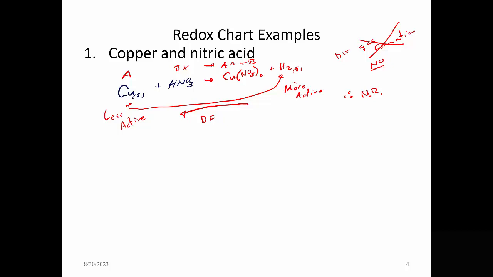However, this is correct for single replacement, but it turns out it's wrong for redox. There is a redox reaction here. And so this is wrong.